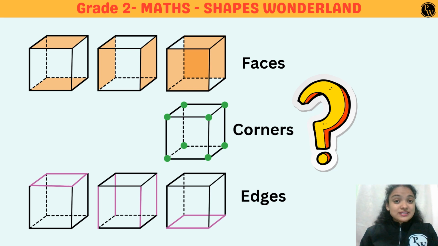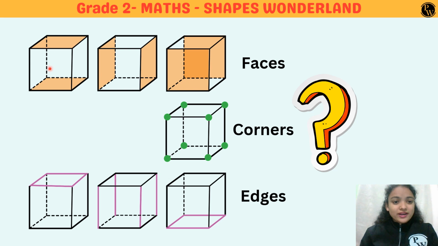Now let's count the faces, corners and edges of a cube. Alright? Can you see the top and bottom face? Here, this one and this one. Yeah? Now check the two faces on these two sides. This one and this one. Okay?